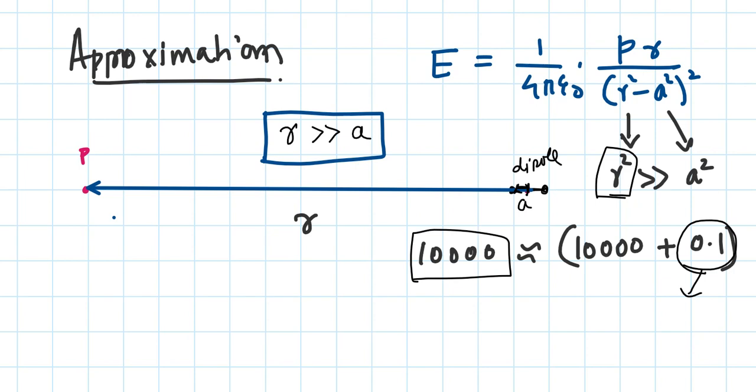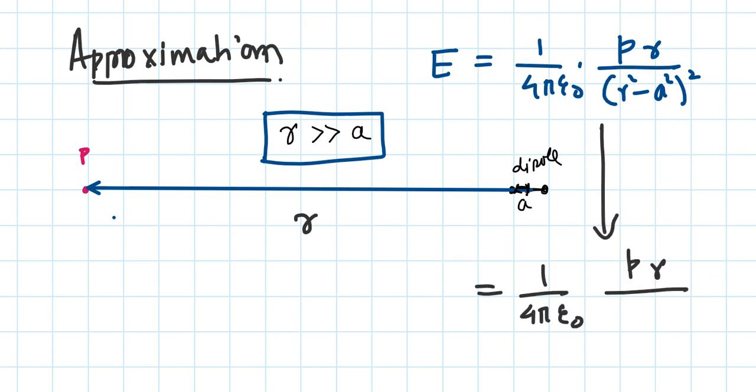So you can easily neglect the A square in the denominator, just like you did with the point 1. So you neglect A square from the denominator, and instead of R square minus A square the whole square, the answer will be R square the whole square, which is going to be R raised to 4.